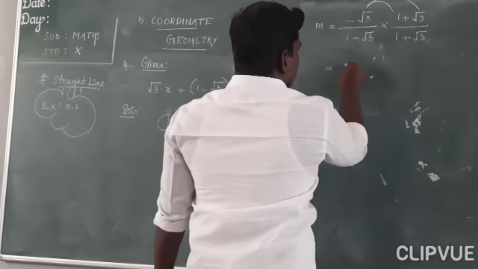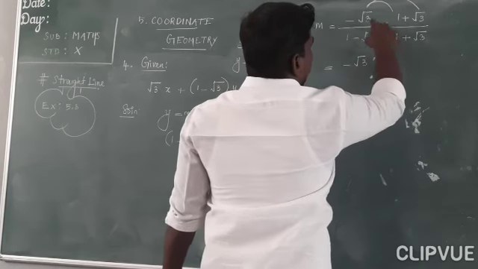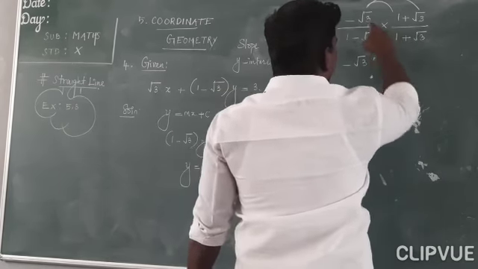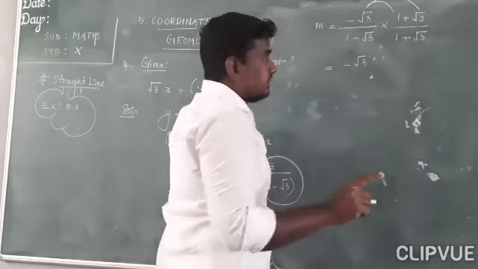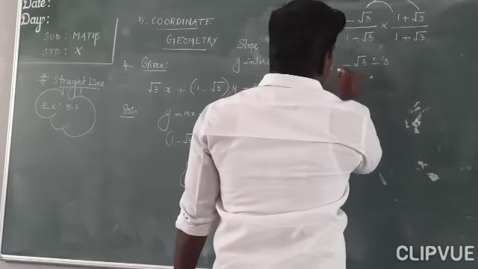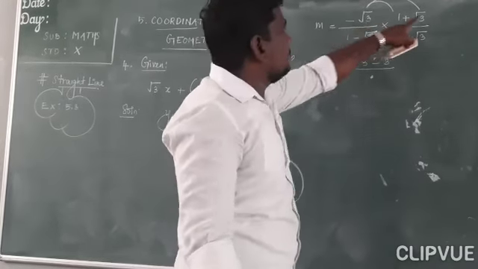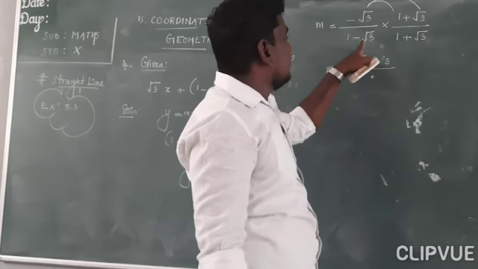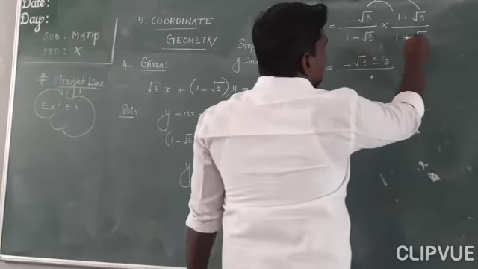So minus root 3 into 1 gives minus root 3, and minus root 3 into root 3 gives minus 3, since root 3 into root 3 gives 3. So minus root 3 minus 3. See this side, this is 1 minus root 3 into 1 plus root 3.